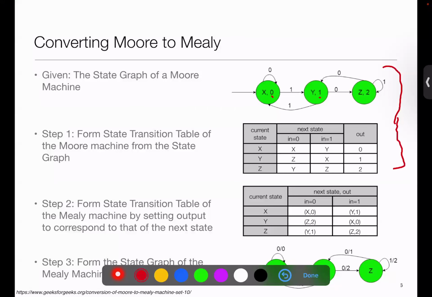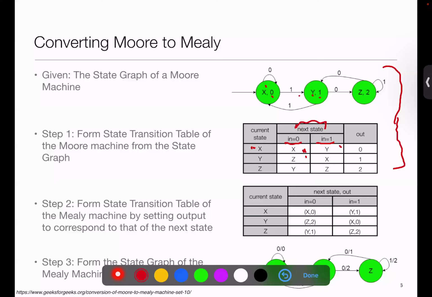The input can take 2 values, 0 and 1, and the output can take 3 values, 0, 1, and 2. Again, for next state, we have separated out the case for input equal to 0 and input equal to 1. So if I'm in state X, if input is 0, I stay in state X. If input is 1, we go to state Y, and so on and so forth.